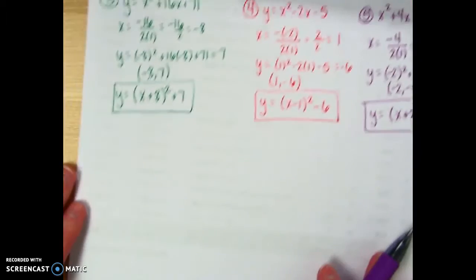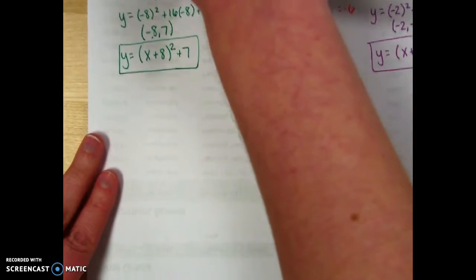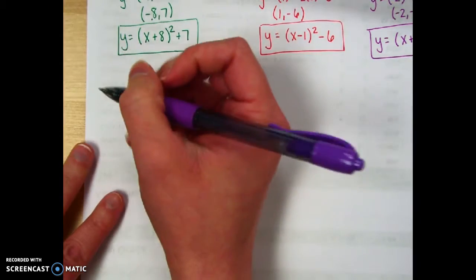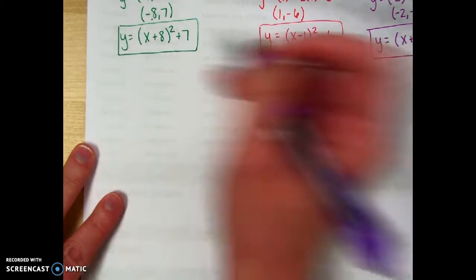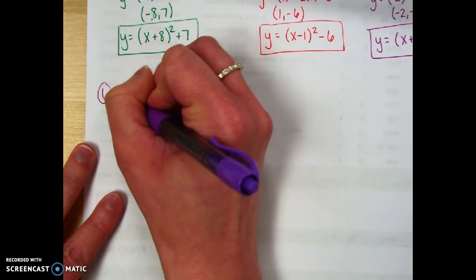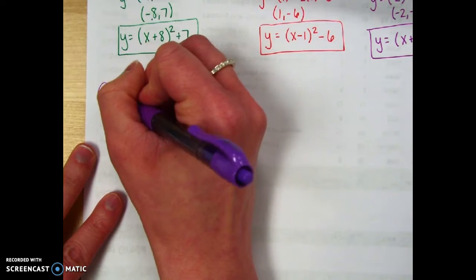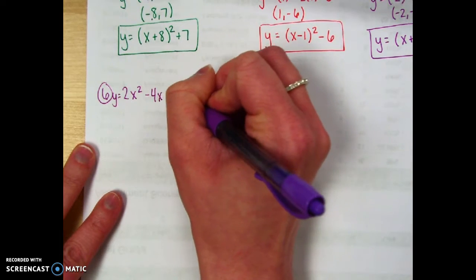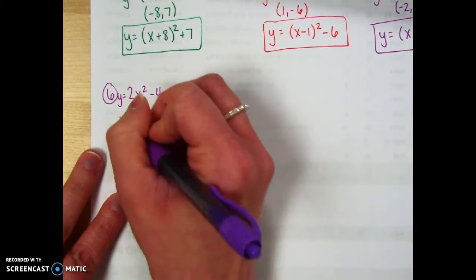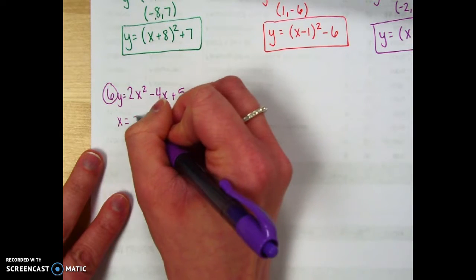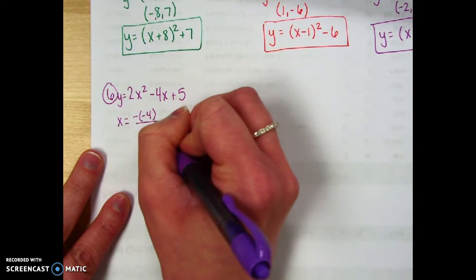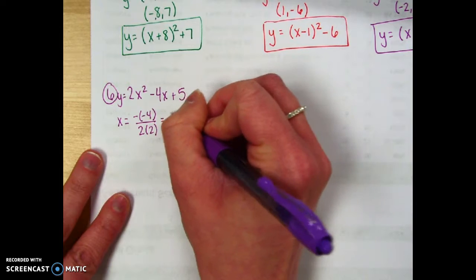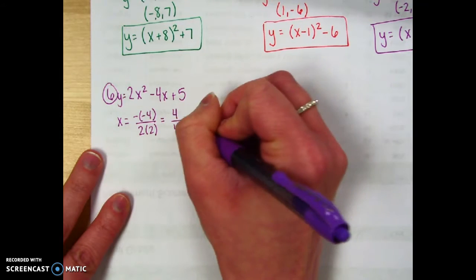Okay, 2 more. This is when a is not 1. So this is when we'll actually have to put in some numbers in front of the parentheses. So 3, 4, 5, let's do 6. 2x squared. I'm going to put the y equals in front of it. 2x squared minus 4x plus 5. Okay, x equals negative b, so that's negative negative 4 over 2 times a, which is 2. This becomes a positive 4 over a positive 4, which is 1.